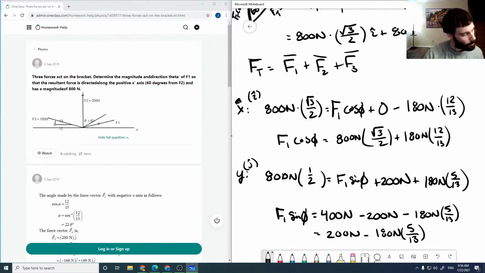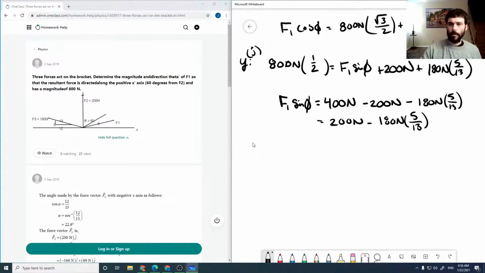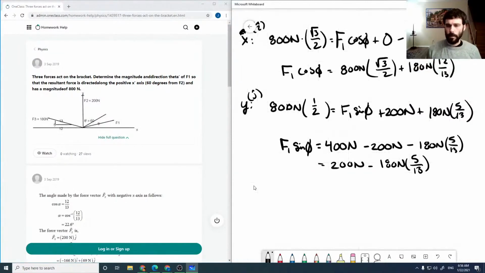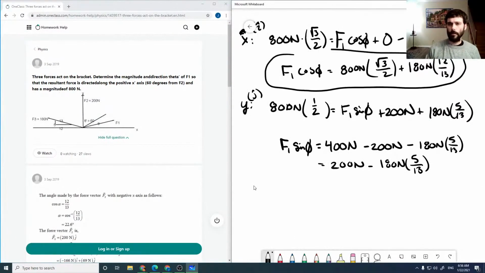And there we go. Okay. So now I have two equations and two unknowns. So there's my first equation, and here's my second equation.